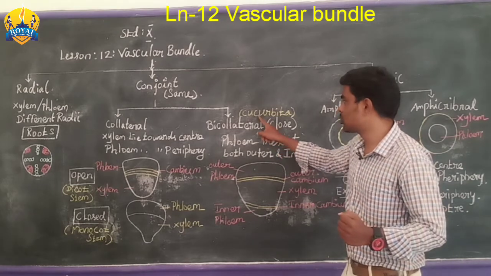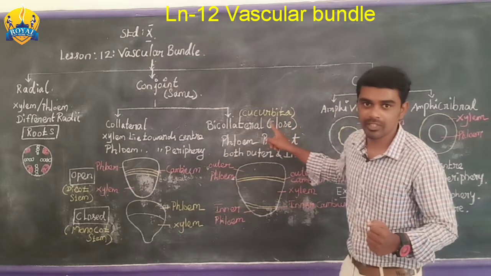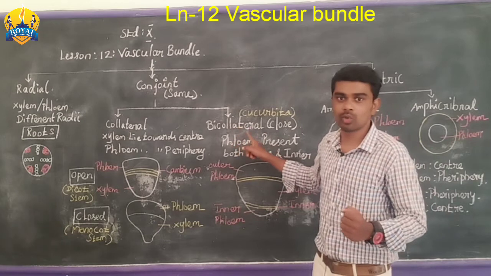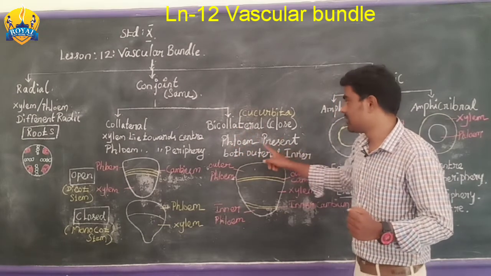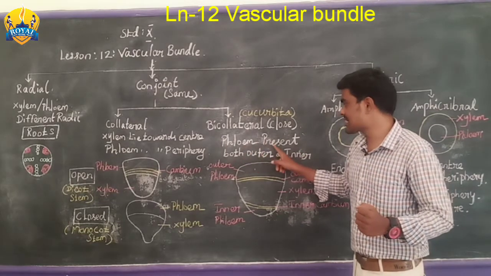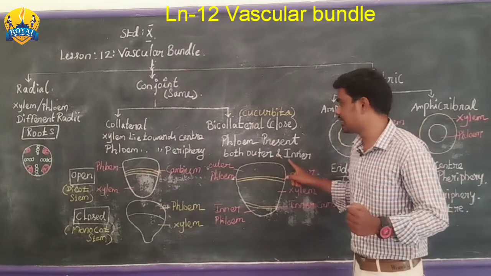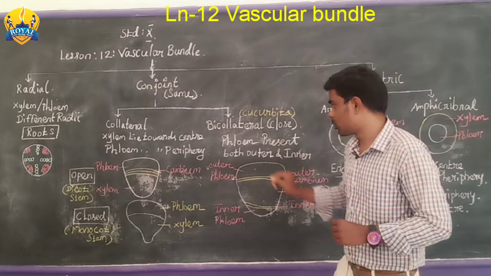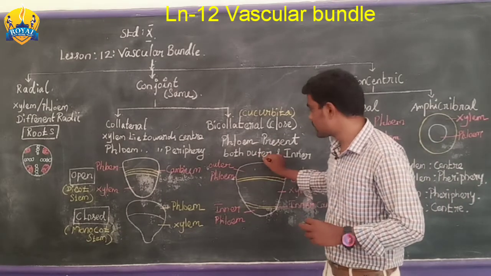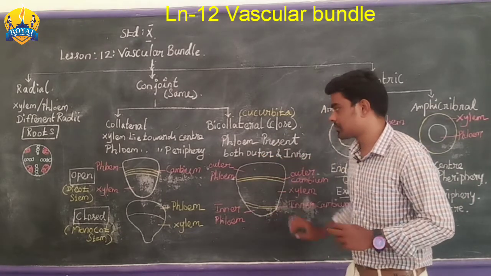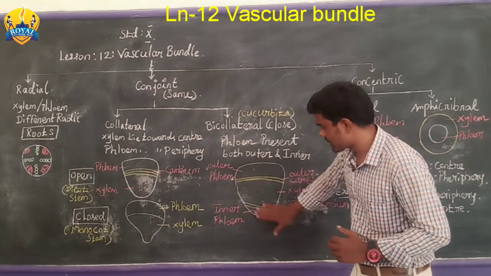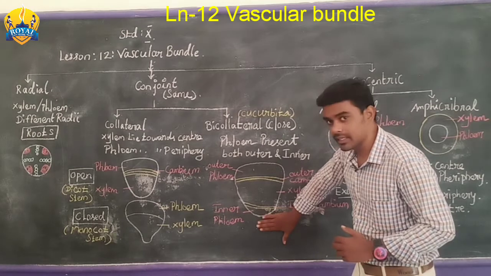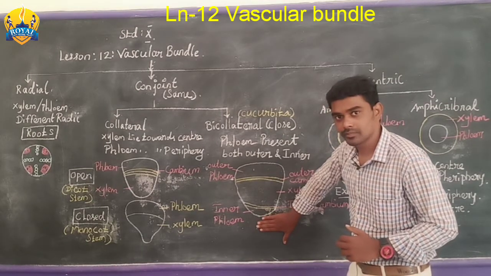These are present in the Cucurbitaceae family, in which phloem is present both outer and inner, like this. Here phloem is present on the outer and inner side of the plant.